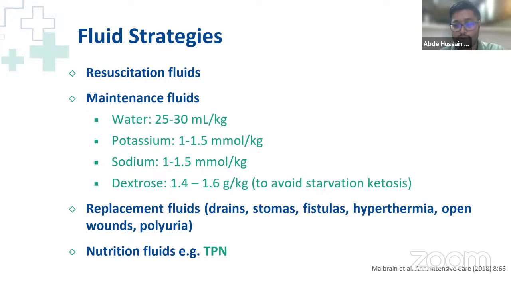Obviously, this is required when the patient is not taking any oral food, so we need to supplement through the IV route. Then replacement fluids, where there is loss of a lot of fluids through drains, stomas, fistulas, or because of fever, open wounds, and polyuria. There are also nutrition fluids that we give, like TPN.